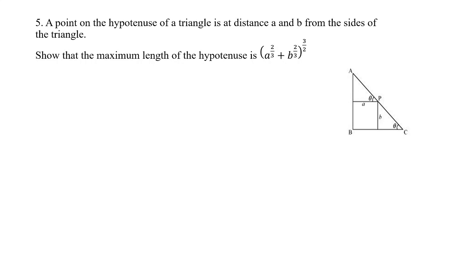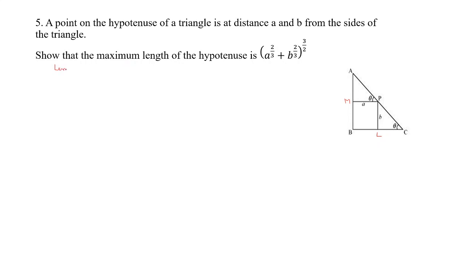So here P is a point which is at a distance A from this side and B from this side. So here suppose this point is taken as M and this as L. So we have to find the maximum length of the hypotenuse.